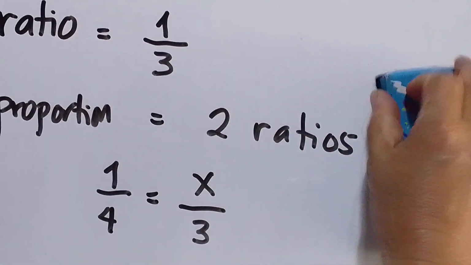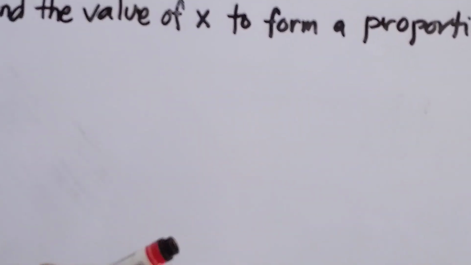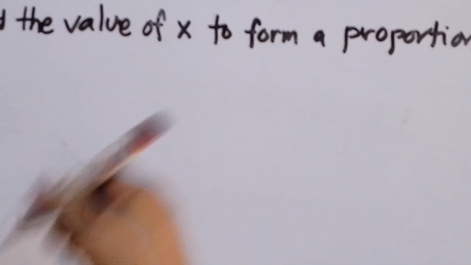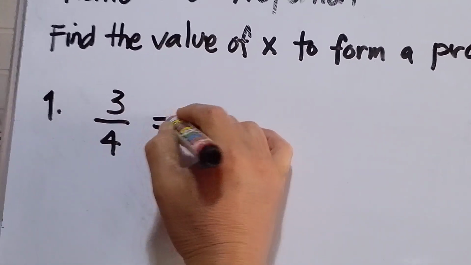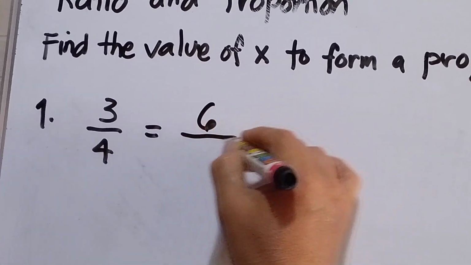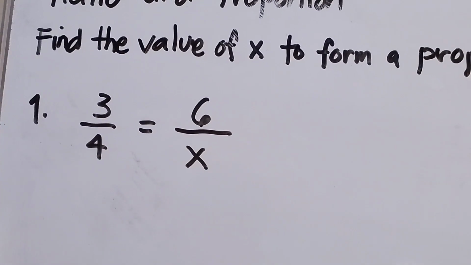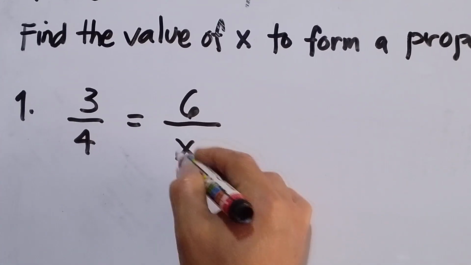Now let's solve this one. Find the value of x to form a proportion. Number 1, 3 over 4 is equal to 6 over x. So we are asked to solve the value of x.